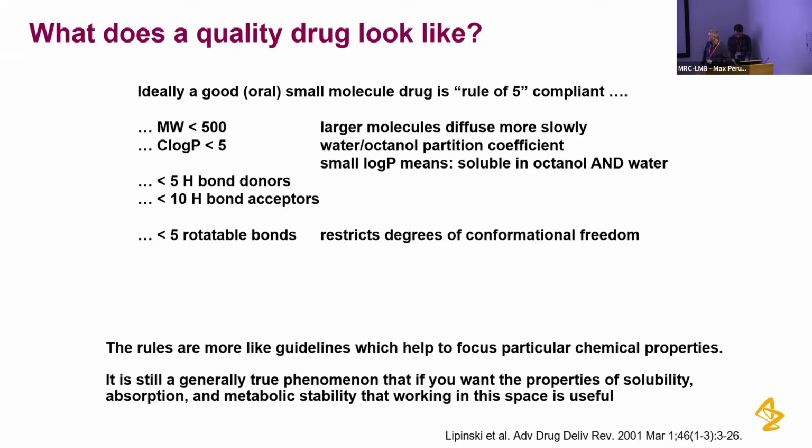And so they tend to be larger molecules with less optimal physicochemical properties. But I guess it's still a generally true phenomenon that if you want to have properties of solubility, absorption, and good metabolic stability, then working in this area of Lipinski space is still useful.